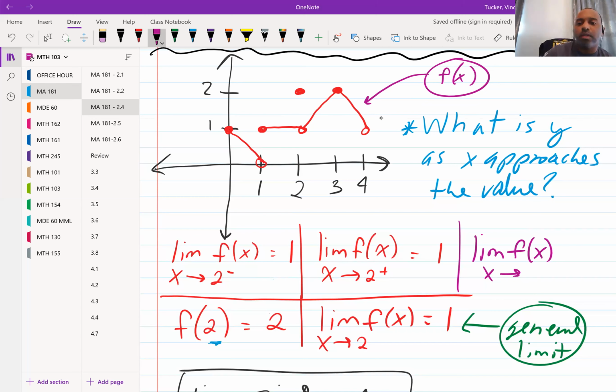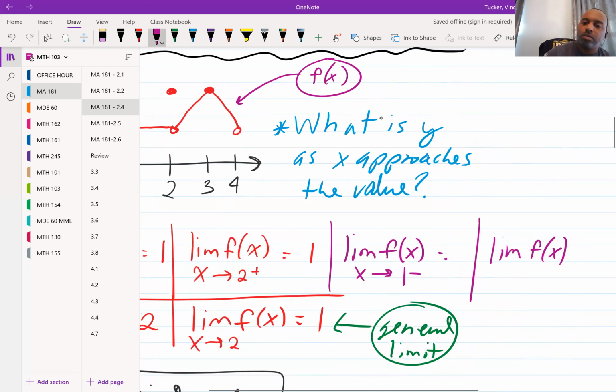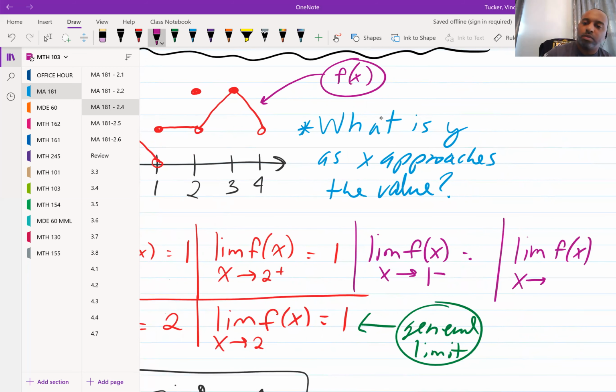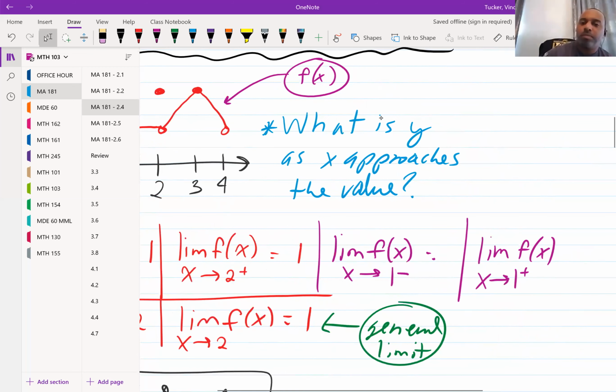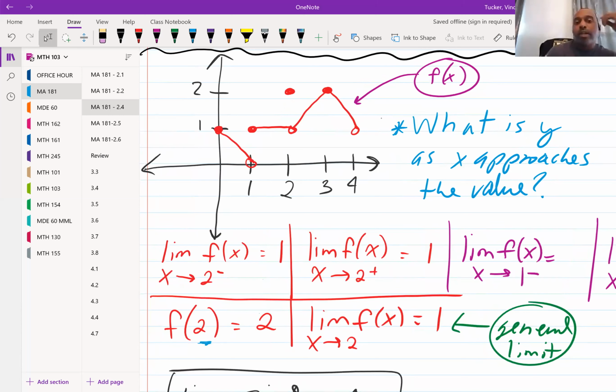As a matter of fact, yeah, let me do this. All right, so just to make sure we're okay with this, if we look at this function as x goes to 1 from the left side, so x being 1 is right here, and coming from the left side, we're going right here.